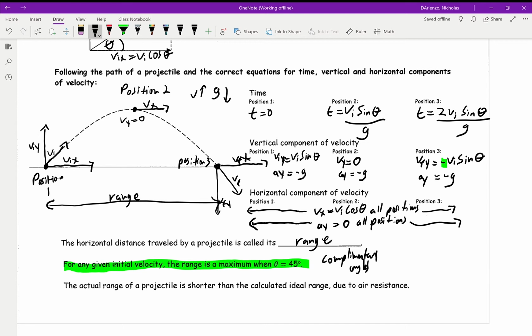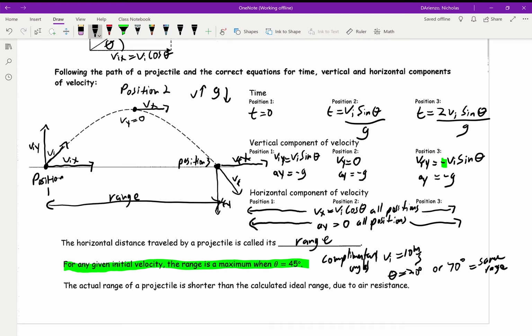So if we think of, let's say, an initial velocity of 10 meters per second of a golf ball, we'd get the same range if theta was 20 degrees or 70 degrees. One's going to be a little bit steeper compared to the other, or a lot steeper. But we're just changing where our initial velocity is as far as being more in the vertical or more in the horizontal, but it's going to give us the same range. And that's for complementary angles.